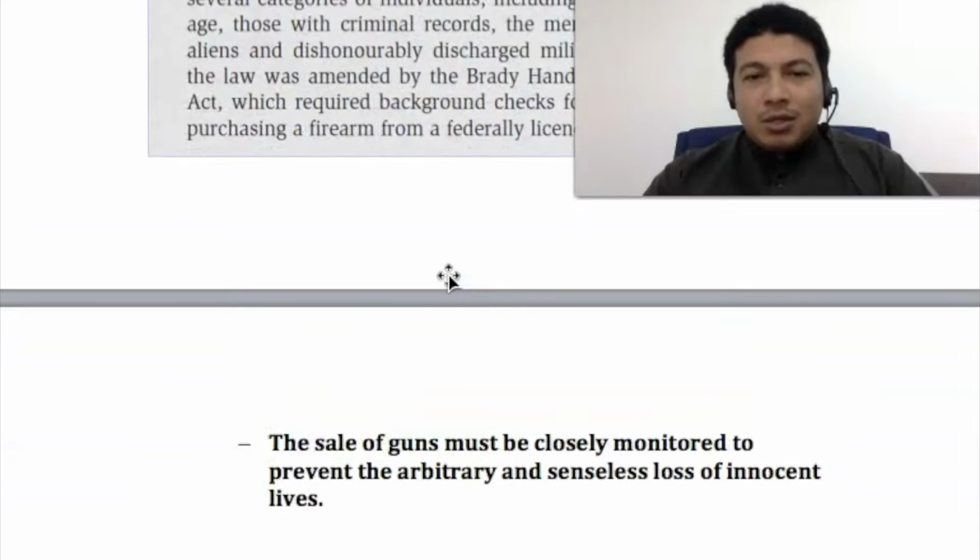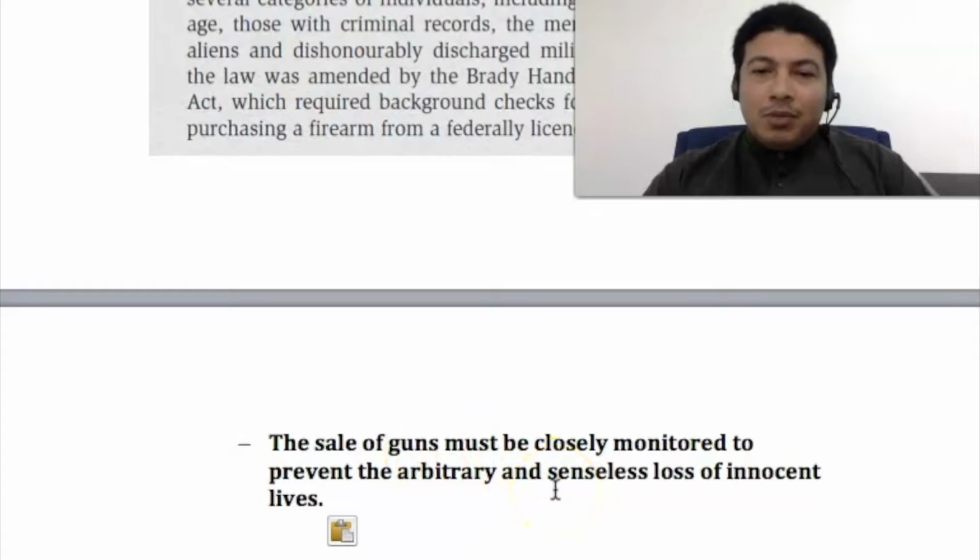So what the author is trying to imply is that the government has to take action, control the sale of guns to avoid many people being killed. So that is the implied main idea, what the author is trying to tell without telling it directly here in this paragraph.